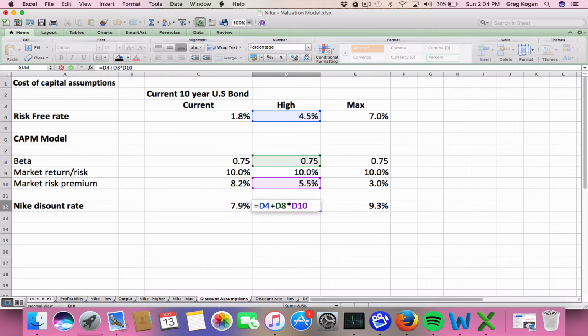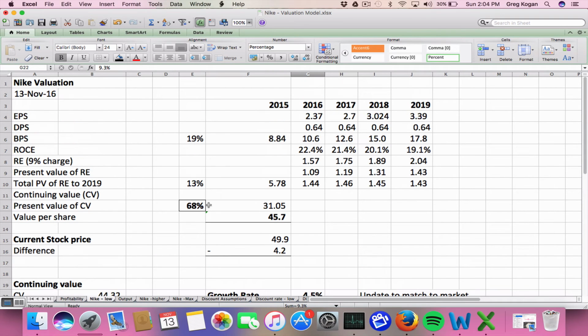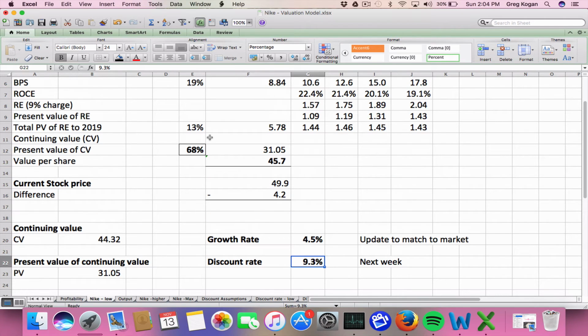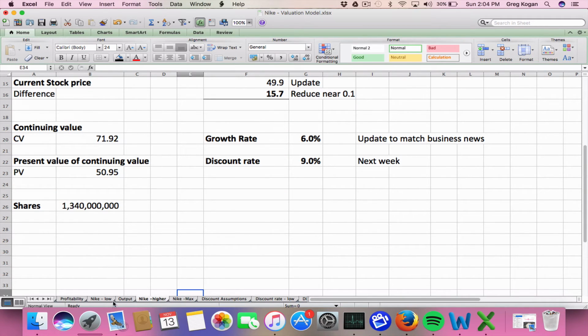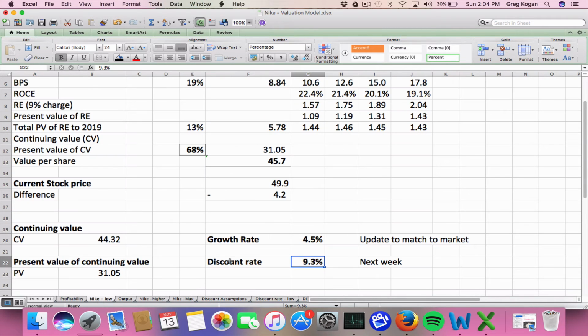So this is something that we could actually figure out, what is the discount rate, and then what we end up doing is use the different discount rates with the growth rate to see how it impacts the stock. So let's see here. I'm using 7.9, 8.6, and 9.3.